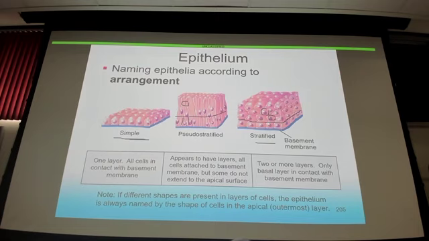Because then it doesn't tell you they came from a certain area. So when they looked at them under a microscope, they saw that they do all contact the basement membrane, but they don't all go to the surface. So you need a name for that, so they called it sort of stratified. It appears stratified, but it's not. So they came up with a fancy word, pseudostratified.